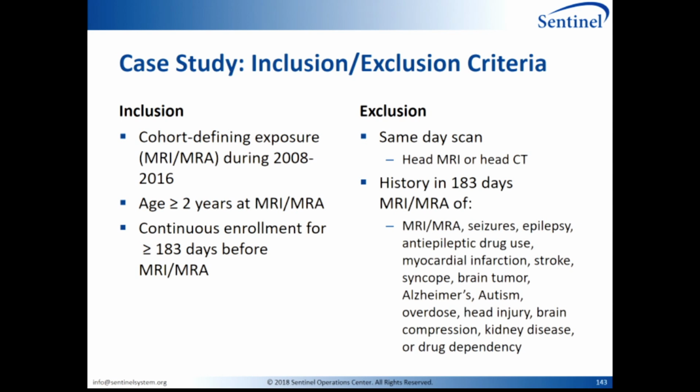We excluded people with same-day scans, as well as head MRI or head CT scans, and those with a history of several different conditions in the 183 days before their scan. So a history of MRI or MRA, seizures, epilepsy, anti-epileptic drug use, MI, stroke, syncope, brain tumor, etc. We're trying to really get the population down to the people whose risk of seizure is not due to other comorbid factors.